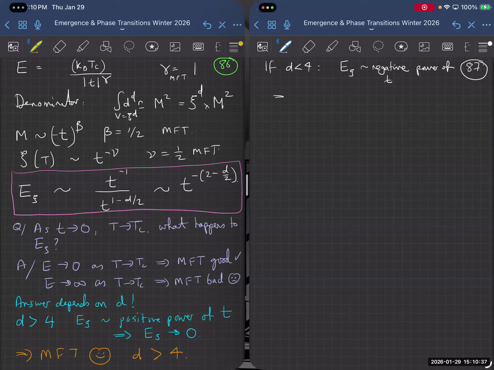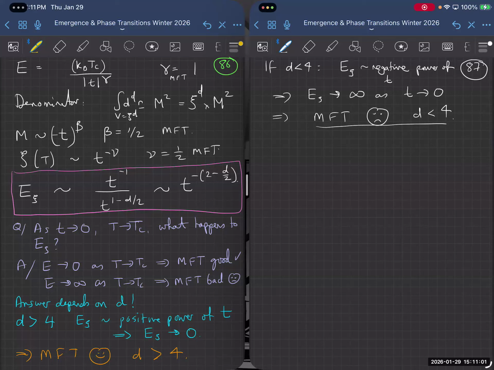And that means that it goes to infinity as t tends to 0. And that means that mean field theory is really bad for d less than 4, and d equals 4 is a special case, a marginal case.